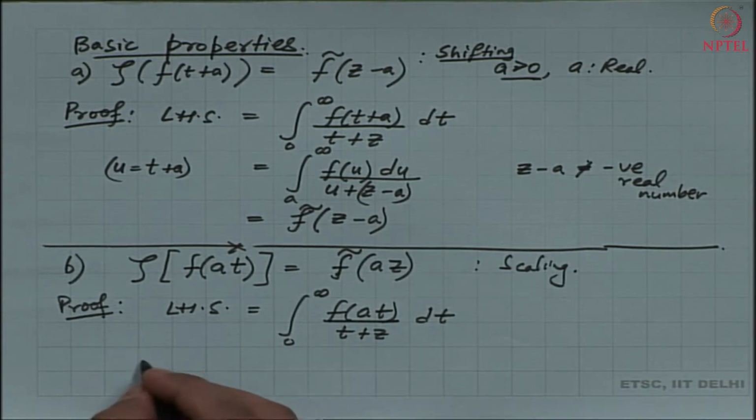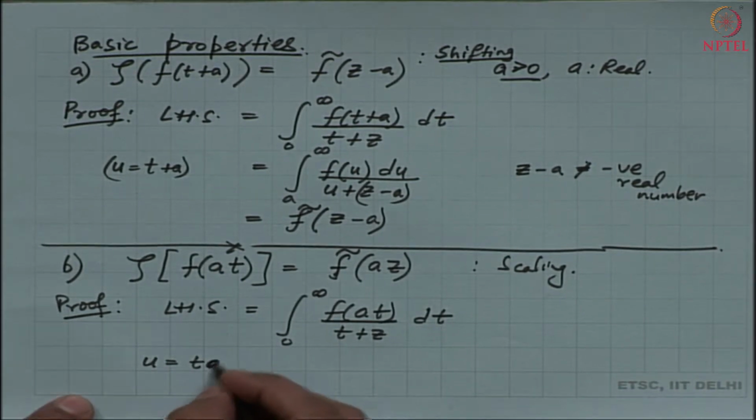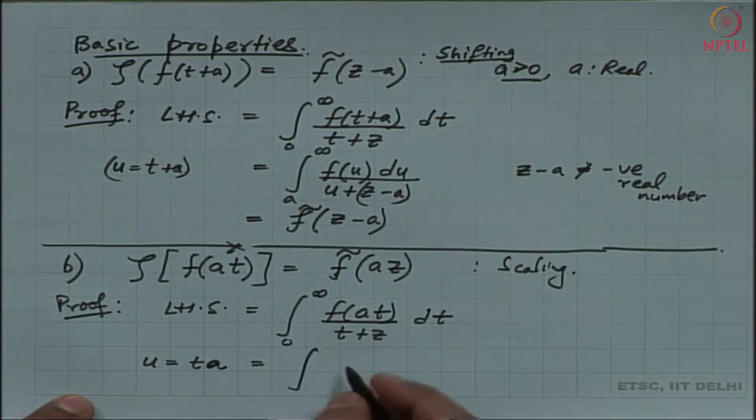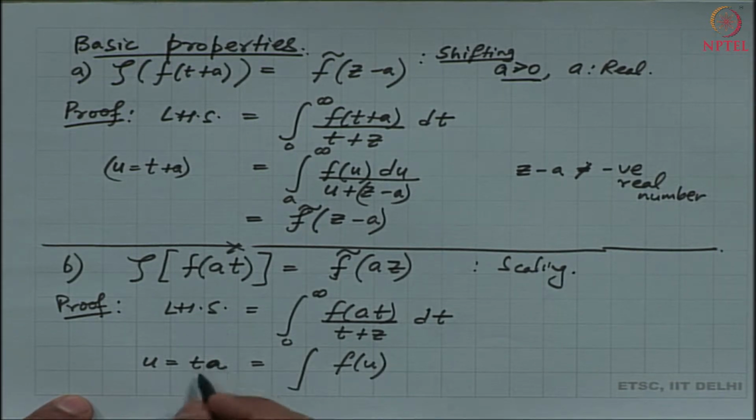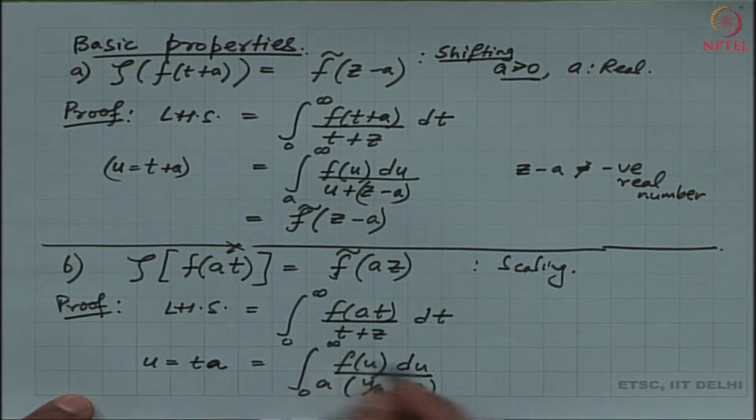Now, again I make the substitution u = at, and I see that the new integral is f(u), with dt being du by a, divided by t, which is u by a, plus z, and the integral from 0 to infinity.